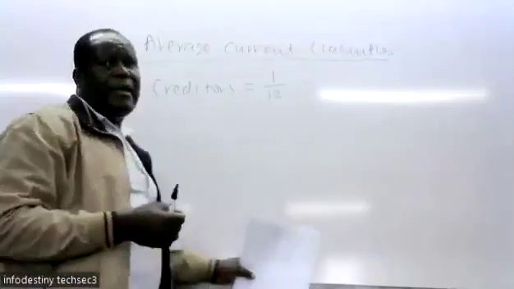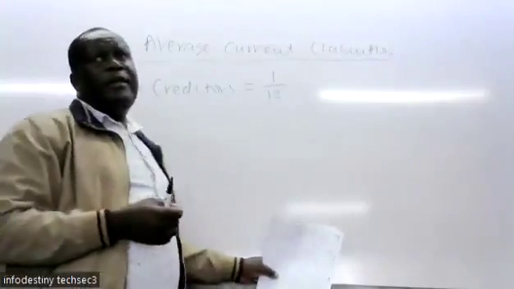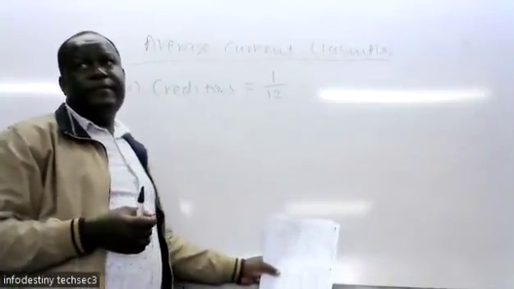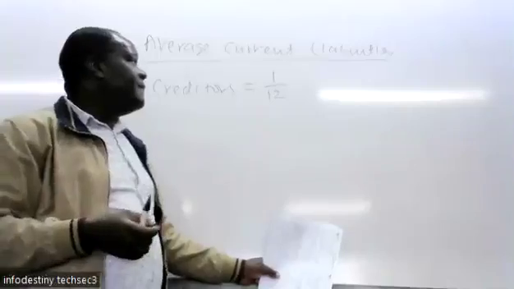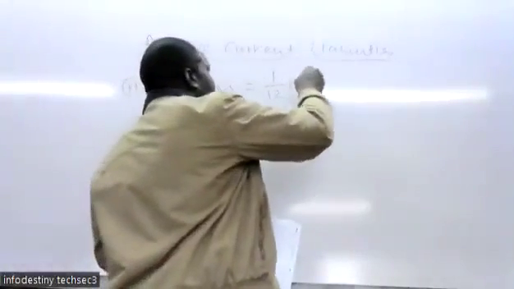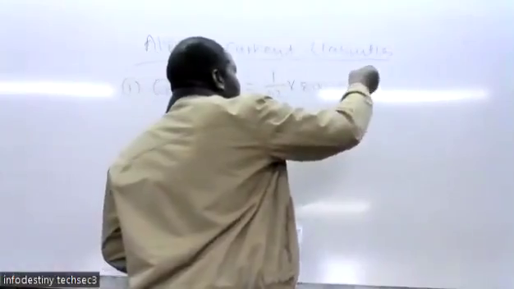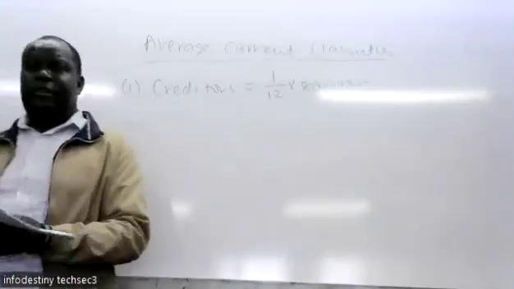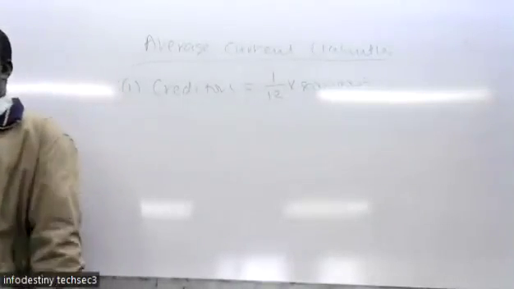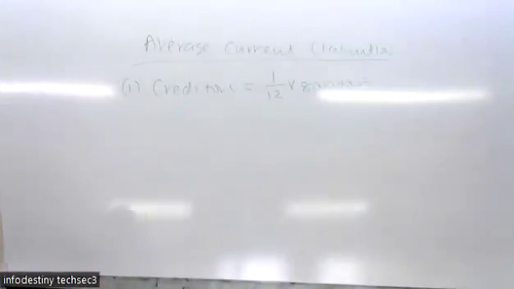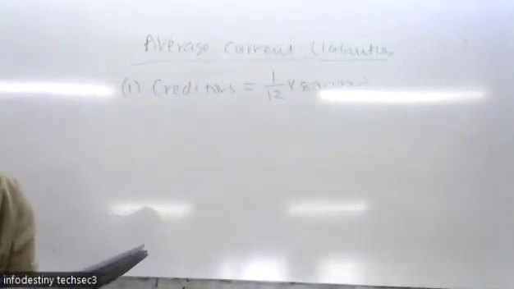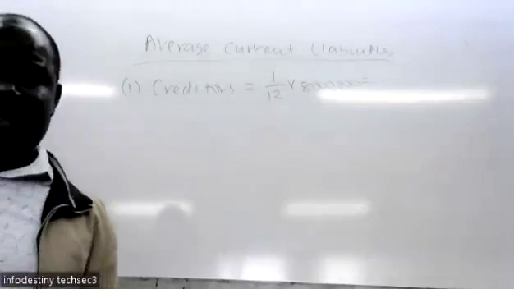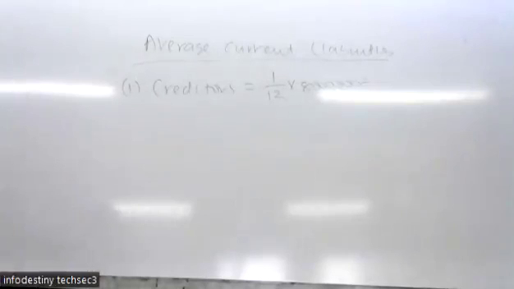Our creditors are the suppliers of the raw materials. How much did we get as the figure for the raw materials? 8 million, so multiply by 8 million. There is no other current liability that was given in the question.